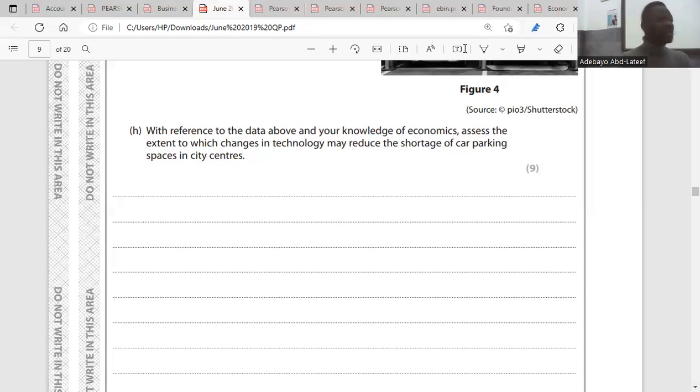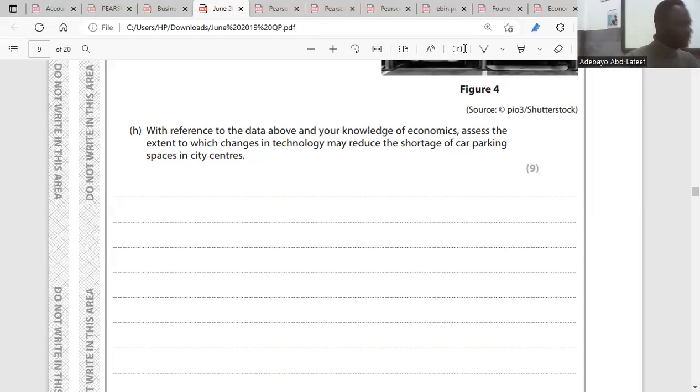But because they said we should assess it, there are problems too. The first problem is that the demand for cars might increase more than the space available. That means there might be more cars than the number of spaces available because people continue to buy more cars. Do you understand?